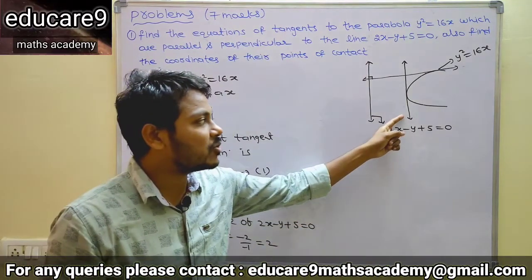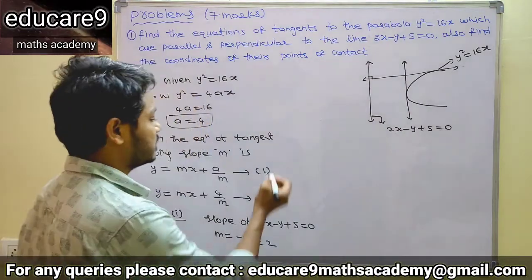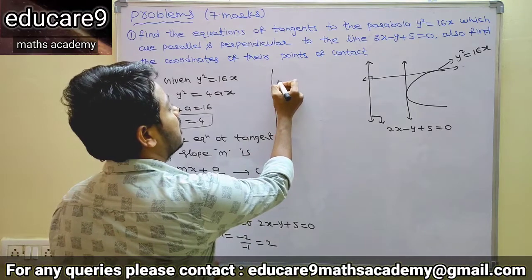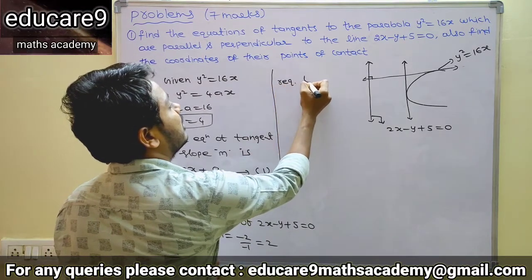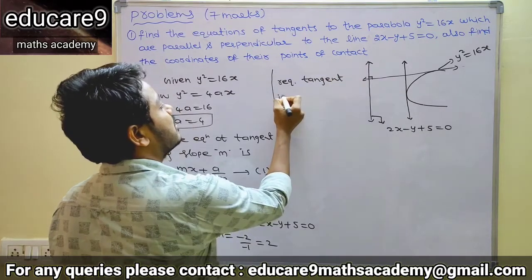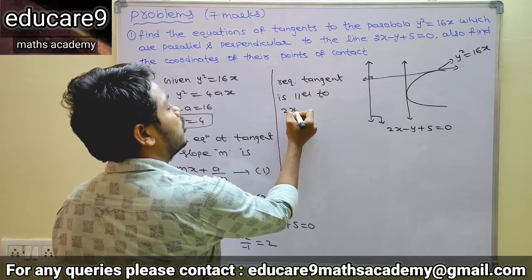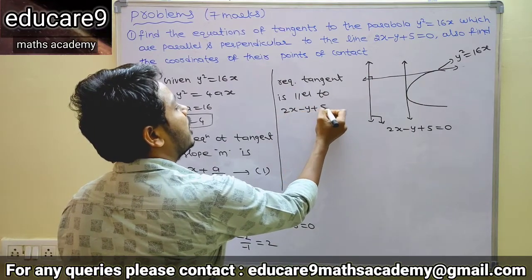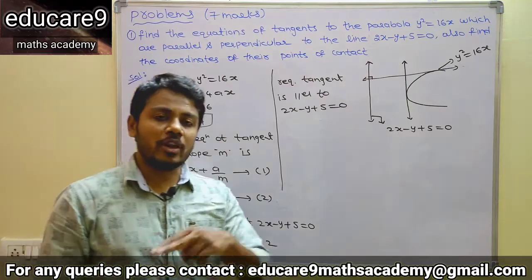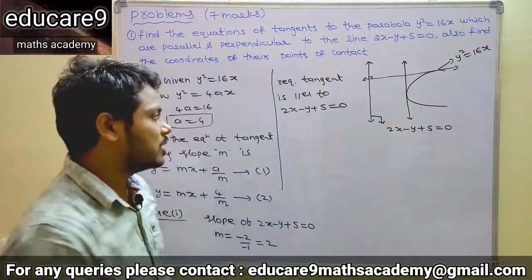Here the first case is the tangent parallel to the line. See our first case, the required tangent is parallel to 2x minus y plus 5 equals 0. Therefore, if two lines are parallel, then their slopes are equal.